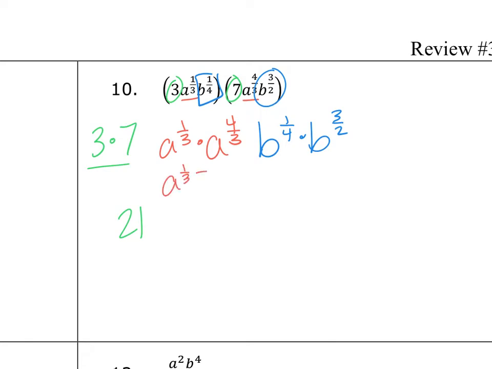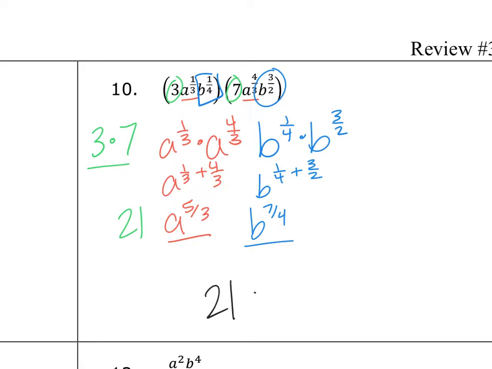A to the 1/3 plus 4/3 is 5/3, and it's going to stay on the top. And then b to the 1/4 plus 3/2 is b to the 7/4, and that stays on top as well. So 21, a to the 5/3, b to the 7/4.